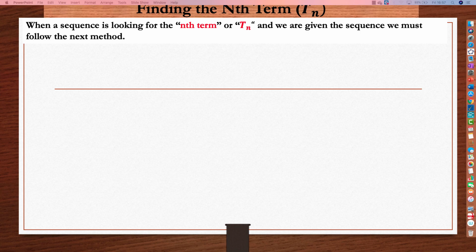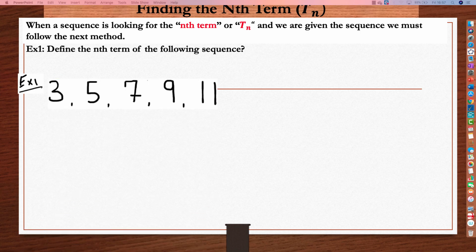Good stuff. Right. So this time now, we have the sequence, but we don't have the pattern. So we don't have the rules. Remember last time we had the rule that Tn is equal to 2n plus 3, or Tn is equal to 5n minus 1.